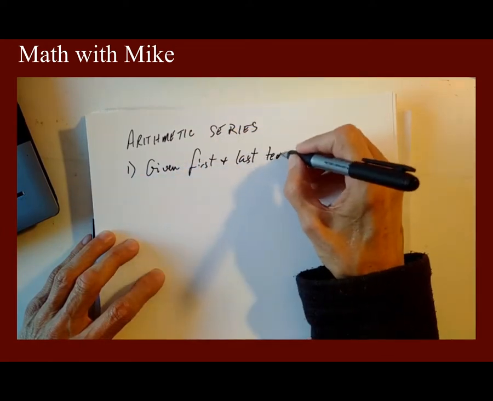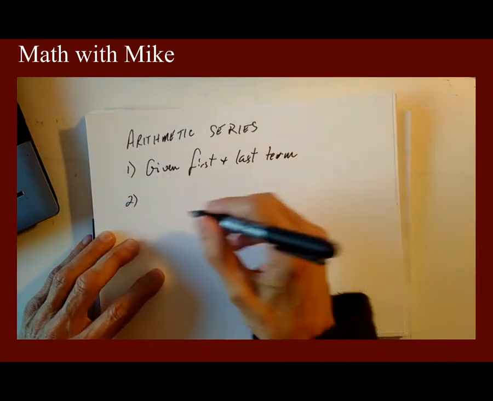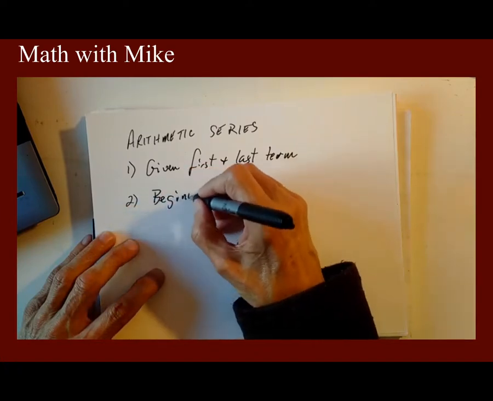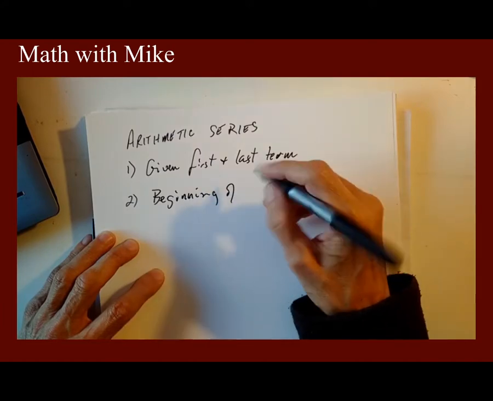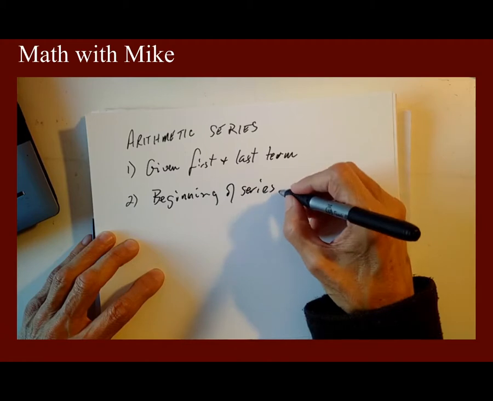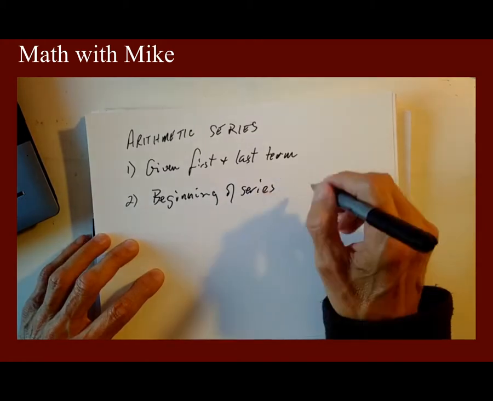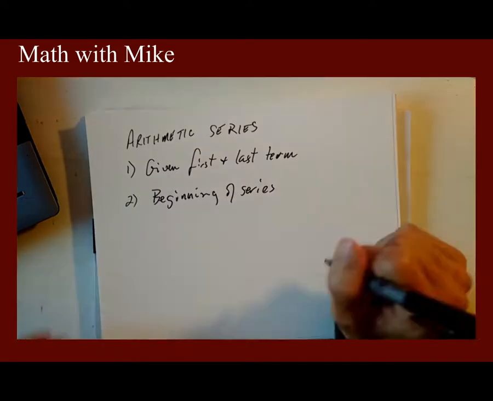But the other situation is you don't have the last term. You just have the beginning of the sequence, or rather series. And then you need to find the sum of, let's say, the first 200 terms or something like that.